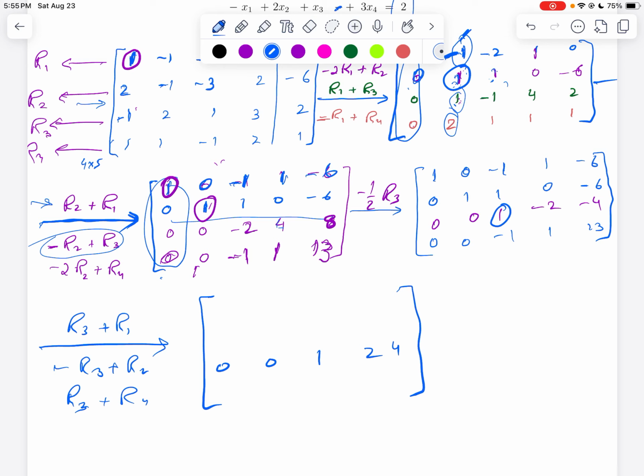Okay, coming back to it, you might notice that now your matrix looks like zero, zero, and negative 1, 2, one, sorry, negative 1, 1.